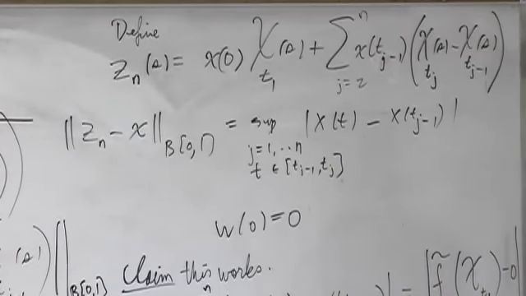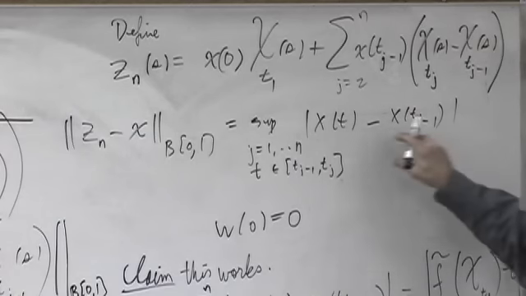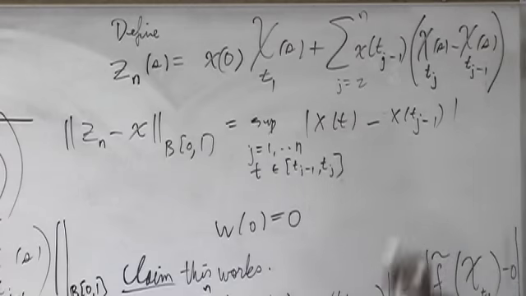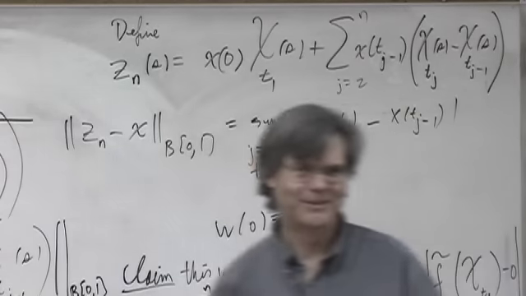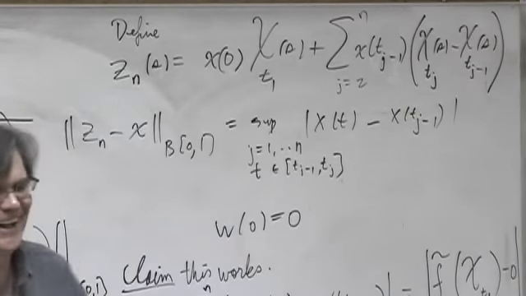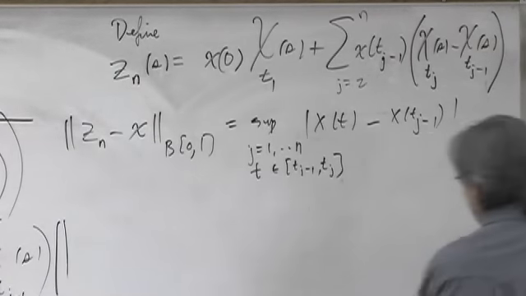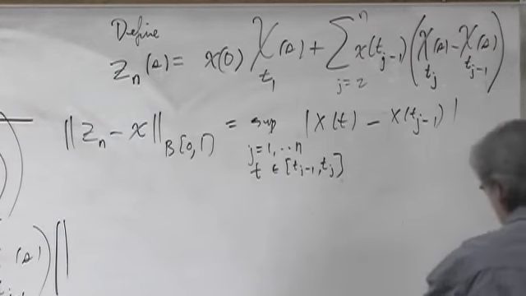Now, is that supremum finite? Well, yes, because the maximum variation over a small interval of a continuous function is small. A continuous function on a compact interval is uniformly continuous. Remember that good stuff? You probably don't remember very well, but that's something that you get.